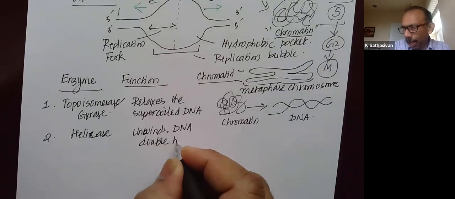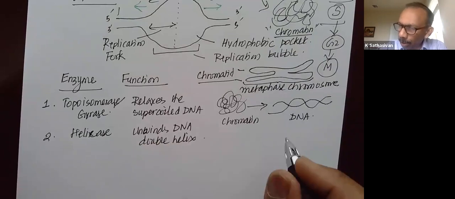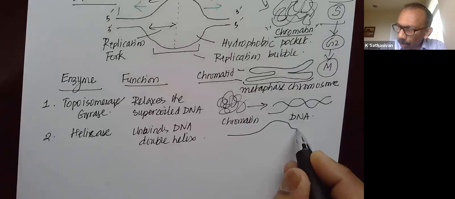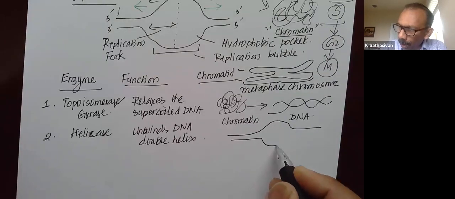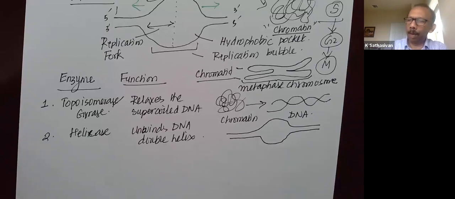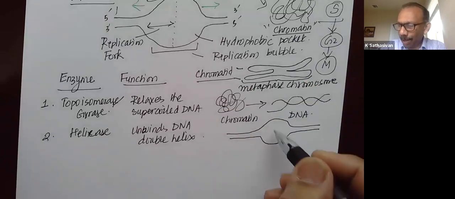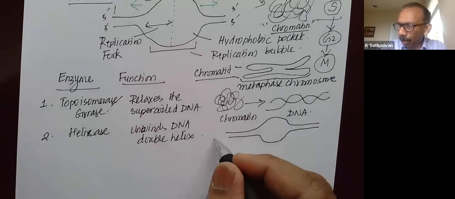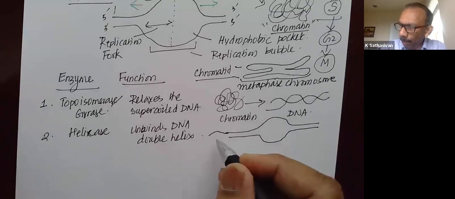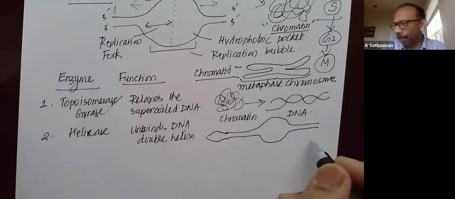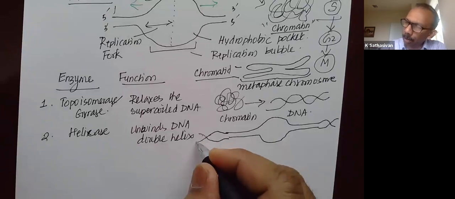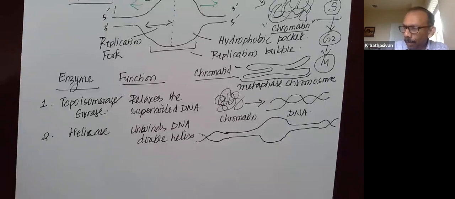When it unwinds the DNA double helix, this is where the bubble is formed. So now it opens up like this. It creates this bubble. And as I said, this bubble has a hydrophobic pocket, and it will snap back with the hydrogen bonds and close. It won't stay like that. So that's how the replication bubble is formed.